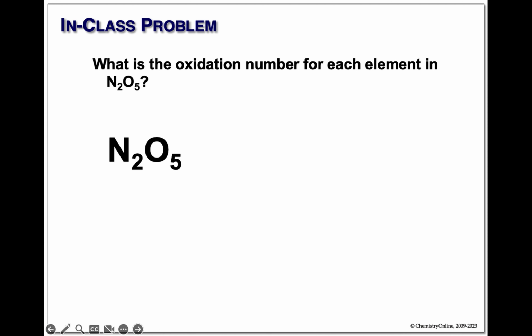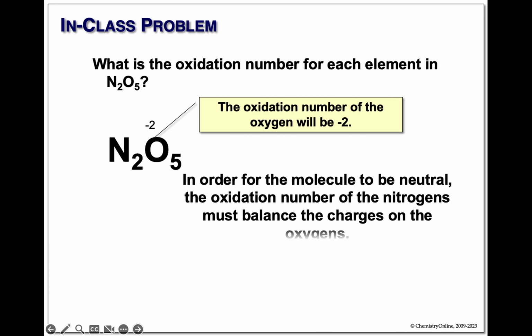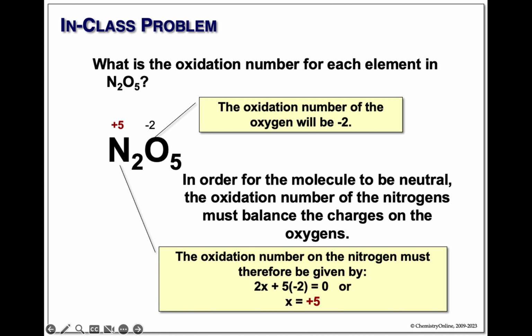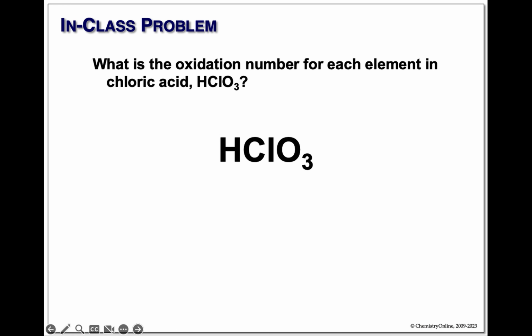Oxidation number for N2O5. We know the oxygen will be -2. We have 10 negatives. In order to make this neutral, the nitrogen must be +5. One more here, just like that.